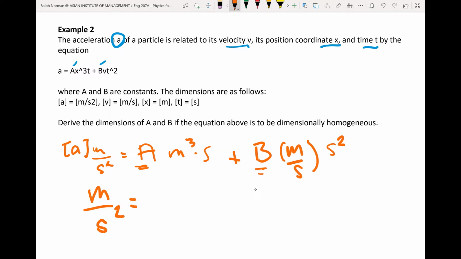And remember, you can only add similar terms. So what will you multiply A? What will you multiply m cubed second with para maging meters per second squared? Same with B. So you've got to check out your units. Tayo natin ng konti. For to cancel out, excess meters na yan, you basically have to multiply it by, I think this is meter second, and then s cubed, I think.